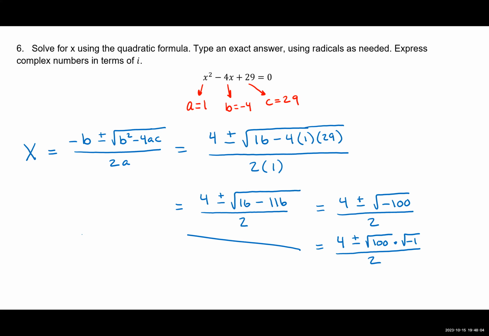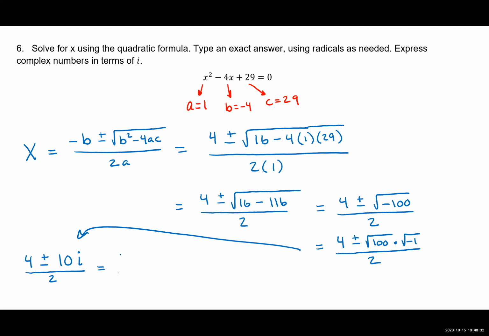I'm going to come over here so I have a little bit more room. So that's 4 plus or minus the square root of 100, which is 10. The square root of negative 1 is what we are calling I, all divided by 2. And now we are very close to being done simplifying. We can do a little bit more. Split this up into 2 separate fractions.